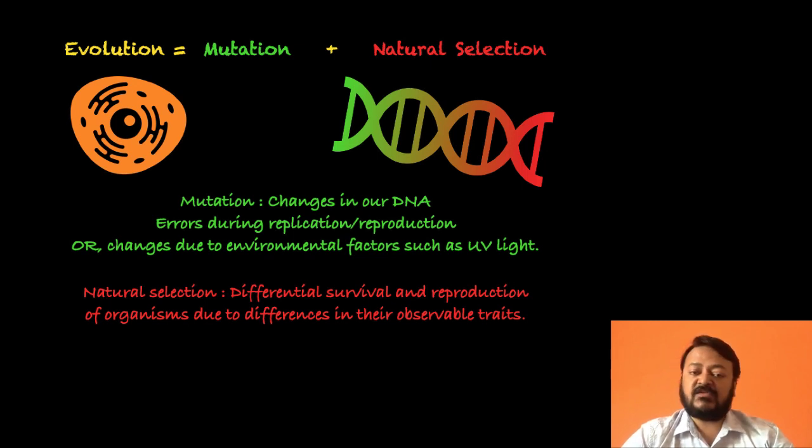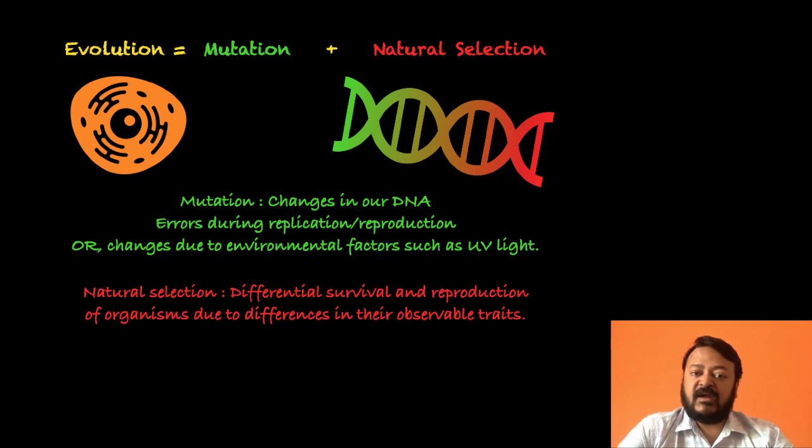So basically, if you have different kinds of cells from the same species which have undergone different mutations, because of those mutations, certain cells may acquire some beneficial observable traits, and this differential survival and reproduction of organisms because of differences in these observable traits, which arises as a result of mutation at the DNA level, is what is called natural selection.